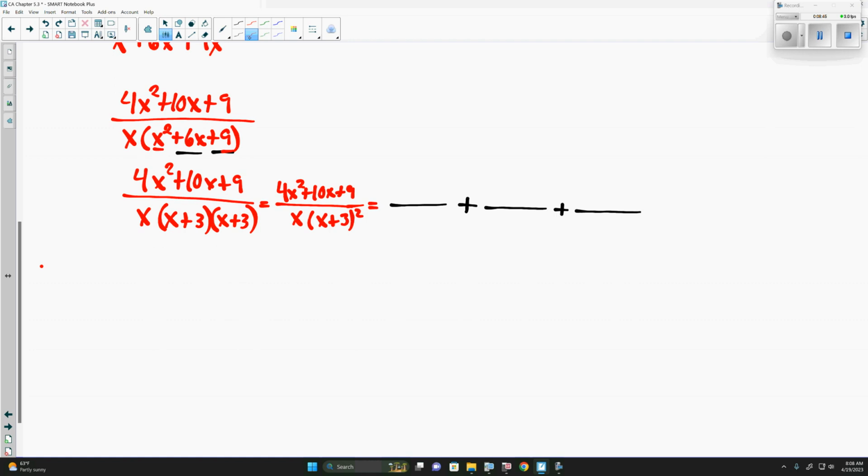Now the denominator of the first we can call x, because that's one of our factors. One of our other factors is x plus 3. Now what's our last factor going to be? x plus 3 squared.